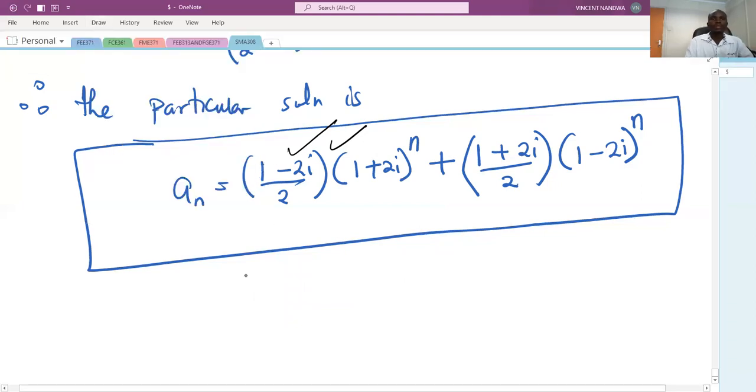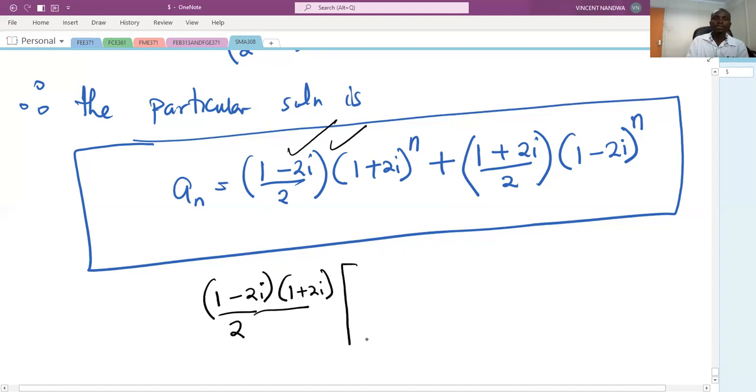For this one, we can simplify it further by saying that (1 minus 2i) over 2 multiplied by (1 plus 2i) power n.